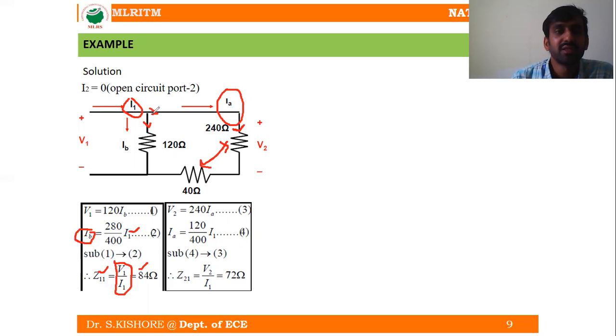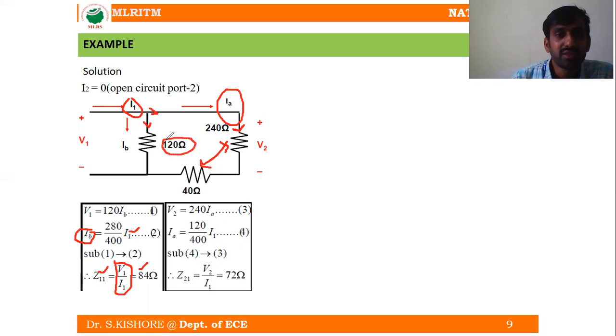The source current here is I1. Because this port is open, the current I2 is going to be equal to 0. So the source current I1 into the opposite resistance, that is nothing but 120 ohms.